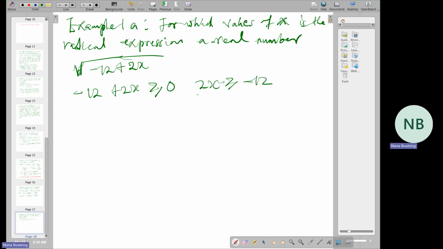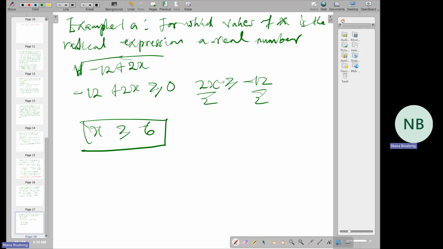And if we divide both sides by 2, then we'll have x is greater than or equal to 6. So the values of x for which the radical expression will be a real number will be x greater than or equal to 6.